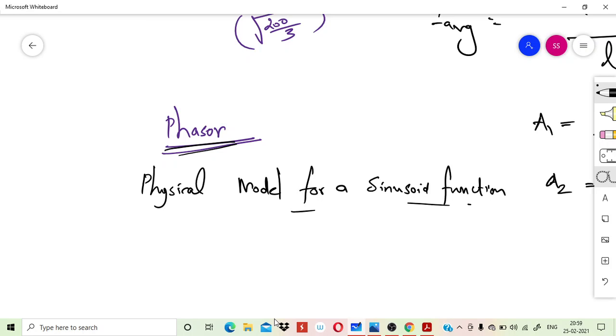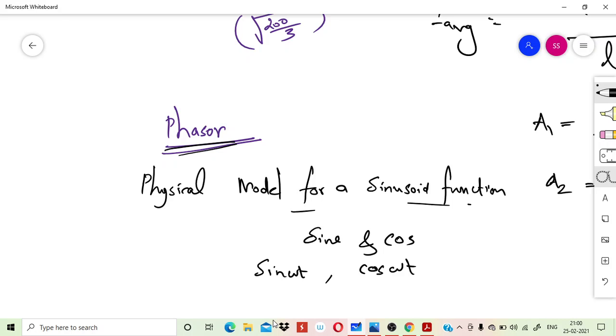Because in module 3 we will only be discussing sinusoidal waveforms, in general sine and cosine functions. That means sine omega t as well as cos omega t we will be dealing with.